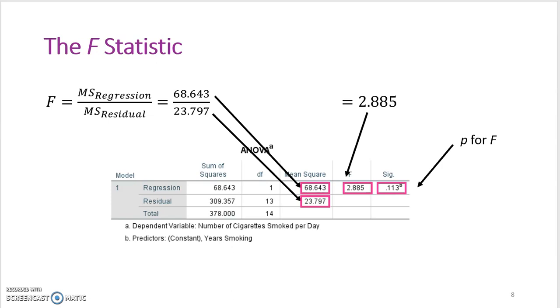The p-value here for the F is 0.113, and that was also the p-value for the B1 coefficient. That's because we've only incorporated a single additional predictor into the model, so there was only one additional parameter estimate, the B1 parameter estimate. So the p-value is going to be the same for the B1 parameter estimate and for the omnibus F test.